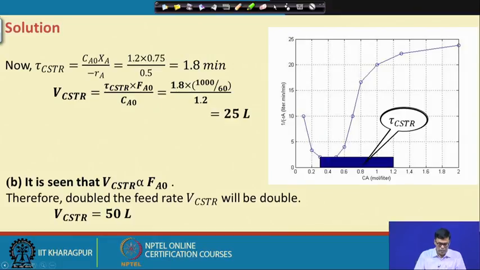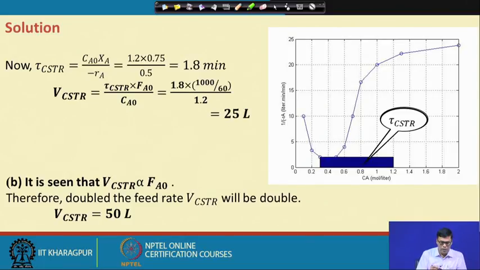Now it is seen that the volume of the reactor is proportional to FA0. Therefore, if you double the feed rate, the volume becomes 50 liters, that is 25 liters into 2. So, how can you justify that?